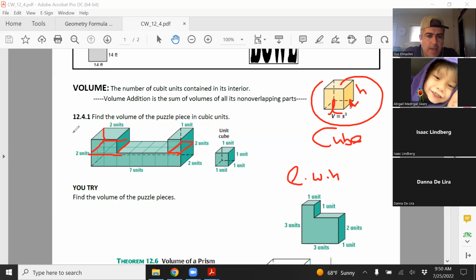So the top box is 2 by 2 by 1, which is 4.